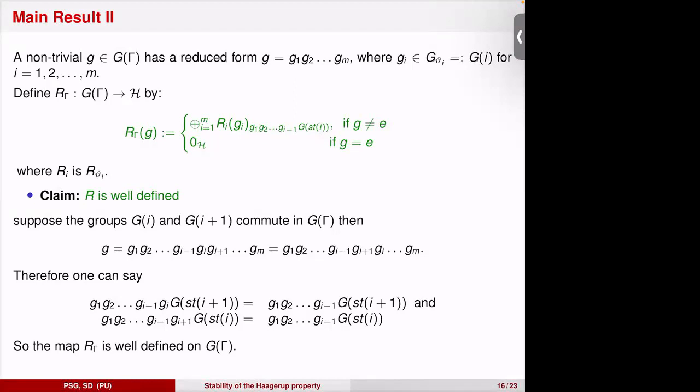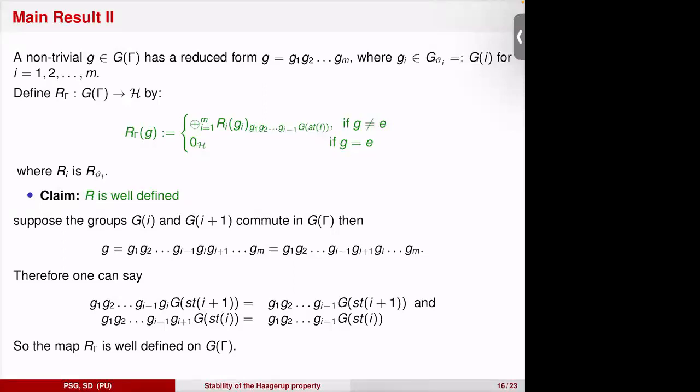So the first claim is that this map is well defined. Why check that? Because you know that this reduced form is not unique, so you can have a shuffling at the ith position. Suppose that vi and v_{i+1} have an edge in the graph, so in the reduced form there is this commutating relation, that is g can look like g1 to gm, or g1, g2, ..., g_{i-1} times the commuted g_{i+1} times gi to gm.